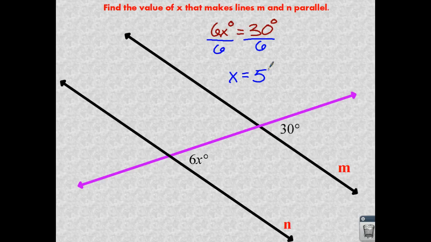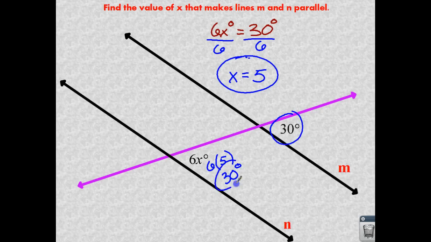So if I have x equaling 5, which is the question that I needed to have answered, let's check our work. If x is 5 and I have 6 touching the x, that means multiply. 6 times 5 is 30 degrees, and we already knew that because those two should have been congruent to each other.